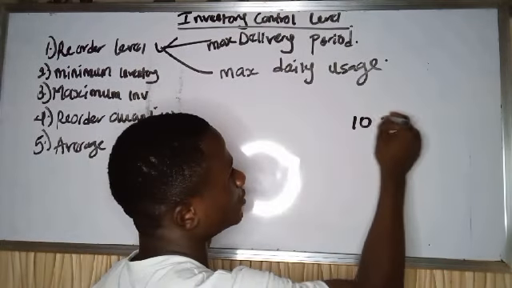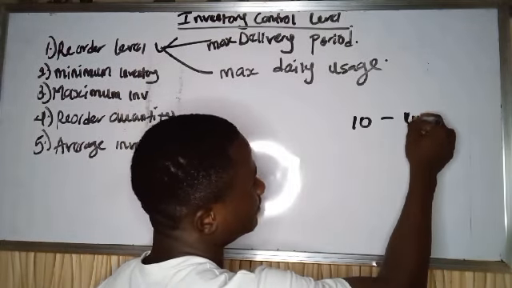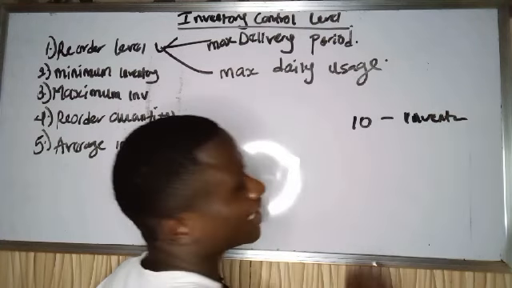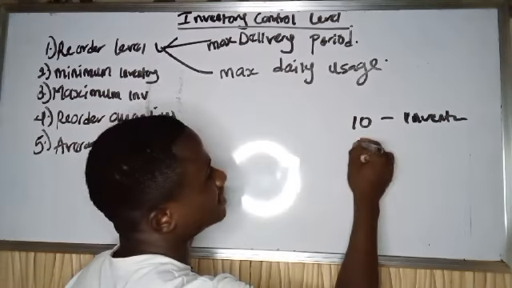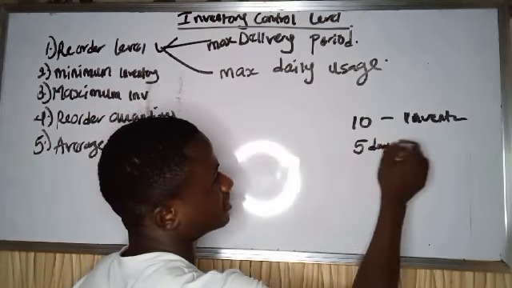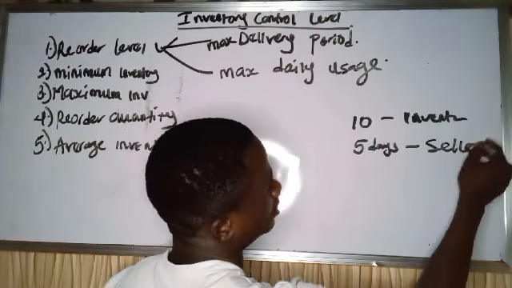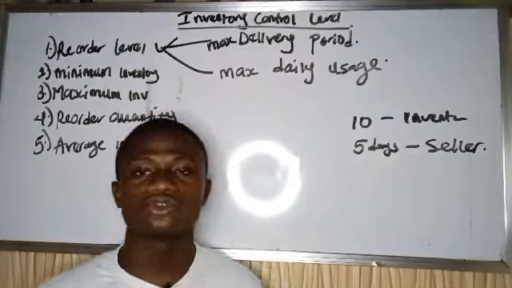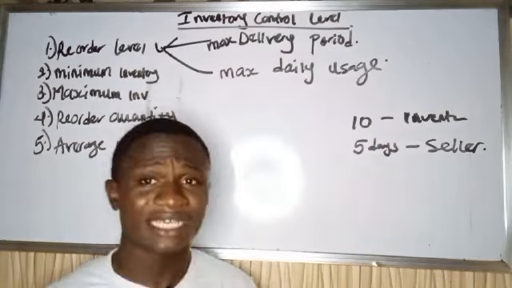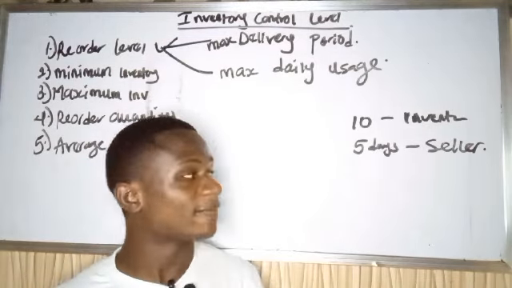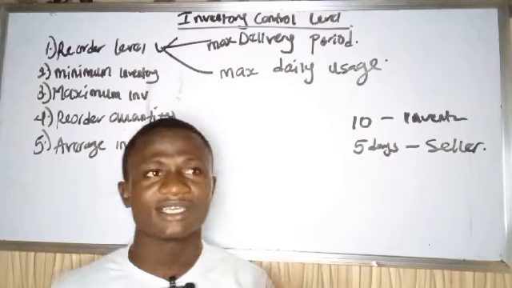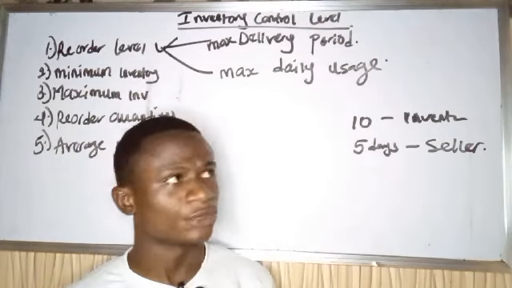I use a maximum of 10 inventory every day, and it takes 5 days for the seller of inventory to deliver to me anytime I place an order. That means whenever I place an order, it will take a maximum of 5 days for the producer to deliver to me.